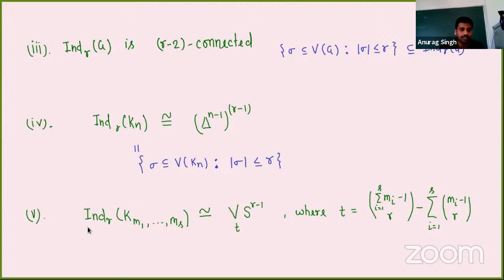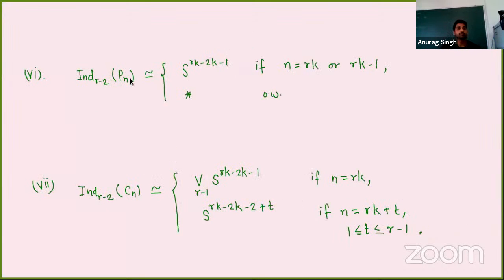And we have shown that the r-independence complex of complete multipartite graphs is also homotopy equivalent to a wedge of spheres, where the number is exactly this. Moreover, the independence complex of path graphs and cycle graphs also comes out to be homotopy equivalent to spheres or a wedge of spheres.